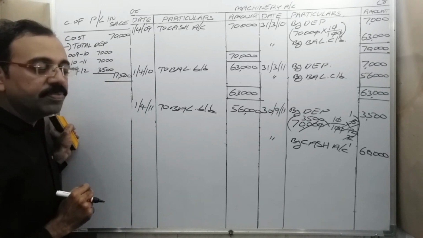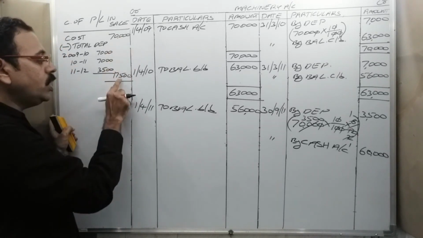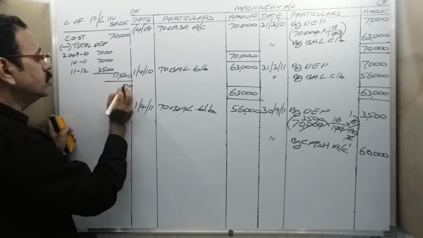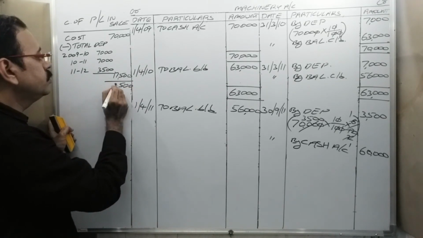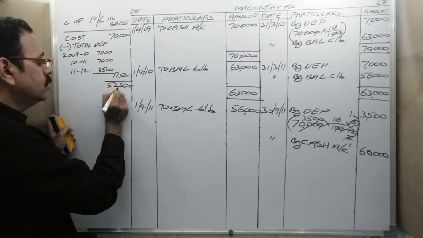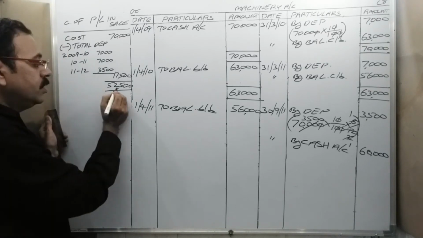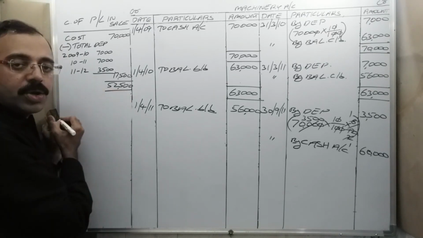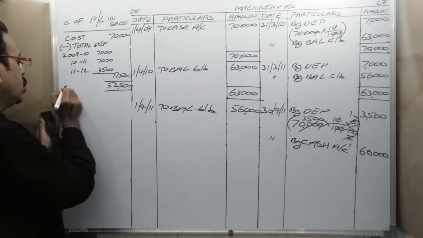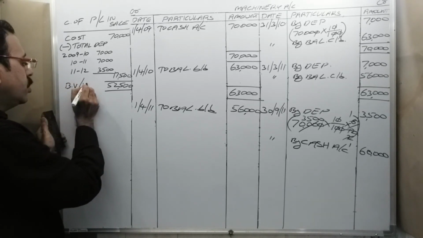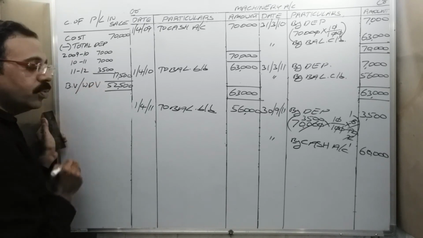Total depreciation. So from cost, total depreciation we have to deduct. Then the remaining amount is 52,500 rupees. This 52,500 rupee is known as book value or written down value.